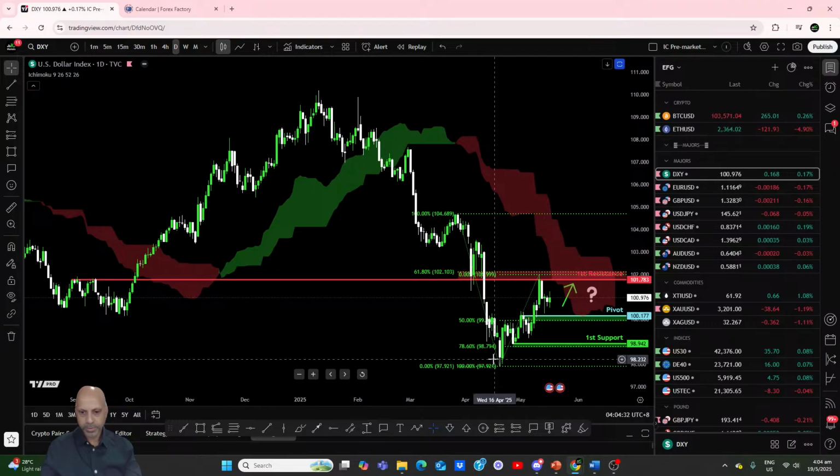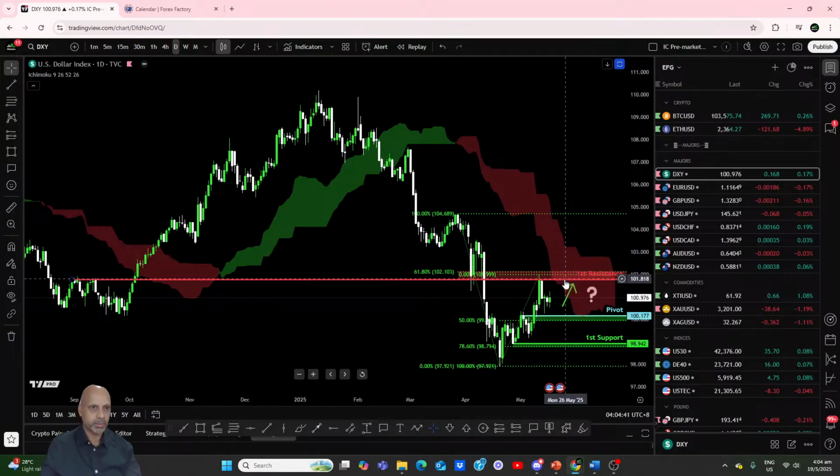We can see here, since dropping as low as 97.92 on 21st of April, the dollar index has rebounded quite strongly. Remember, since Wednesday, 2nd of April, which was Liberation Day, this was the date where the US announced huge levies against its major trading partners, which injected higher volatility into financial markets.